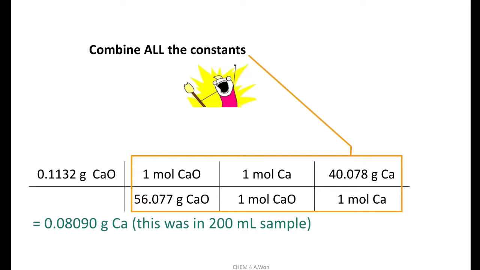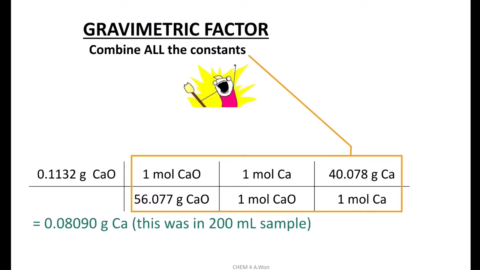So, chemists have this shortcut where they combine all the constants into one term and they call it the gravimetric factor. We will be discussing gravimetric factor in the further slides, so just remember the term. But for now, let's try another problem.